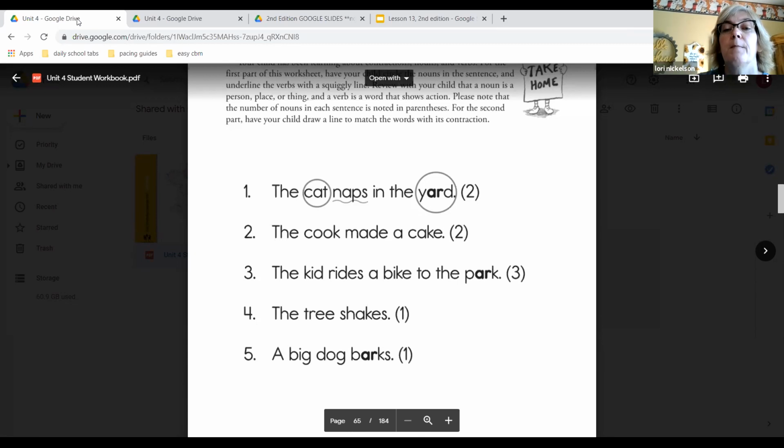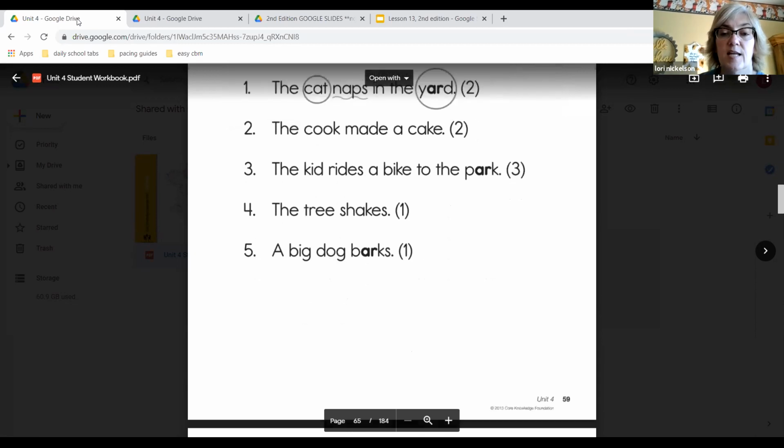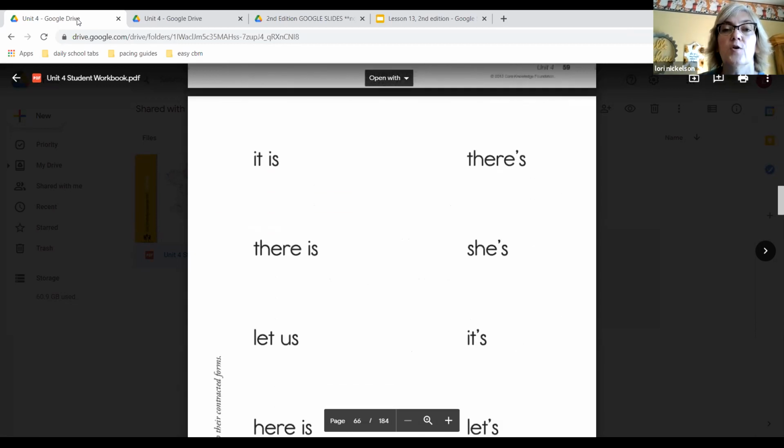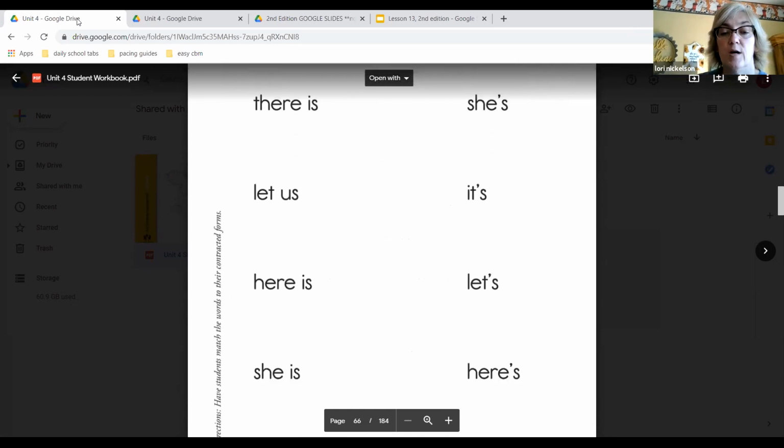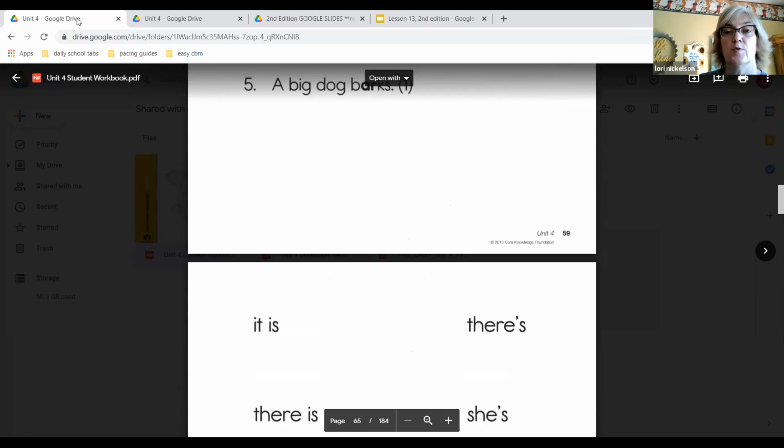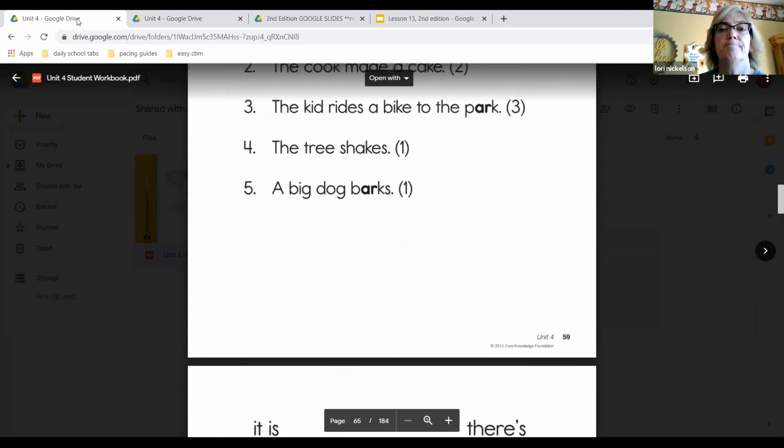And what's your verb? Made. Good. Okay. So if we go on down to the next sheet, you are going to match the contractions, the 2 words that make up the contraction. So you will do that one also, along with that first one. Okay. All right. So back to my slide.